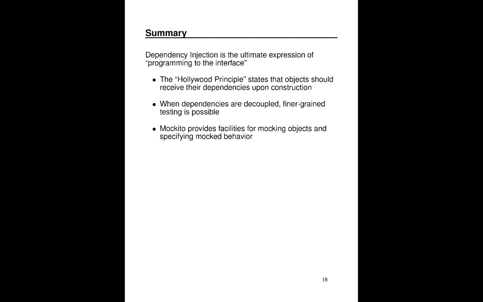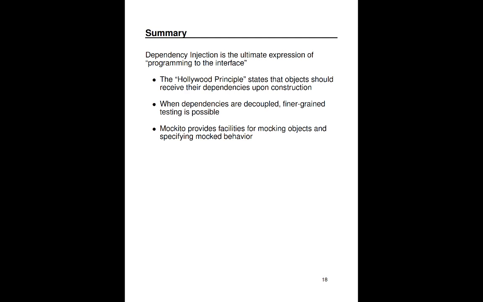I think of dependency injection as being the ultimate expression of programming to the interface. Here we really see how that principle of not caring about the implementation can be put into practice. So as you're designing your objects and how they interact with each other, think about how to apply the Hollywood principle so that objects receive their dependencies when they're constructed as opposed to having to construct them themselves.